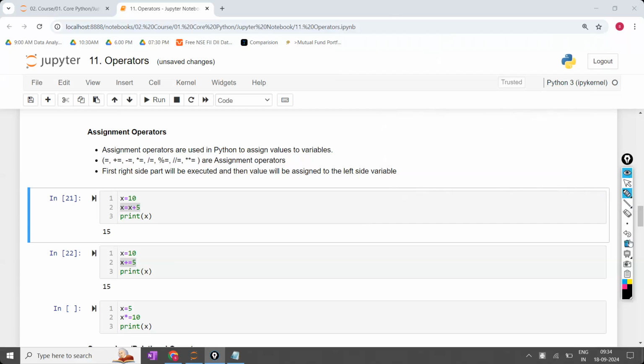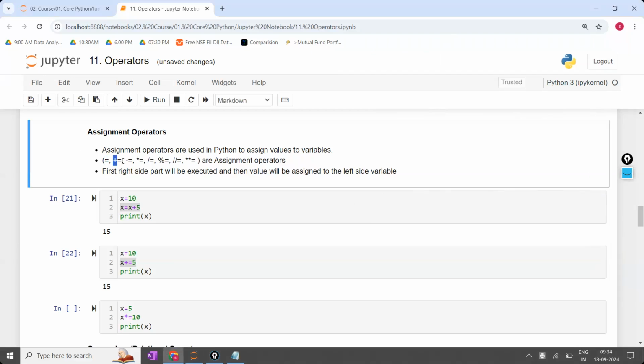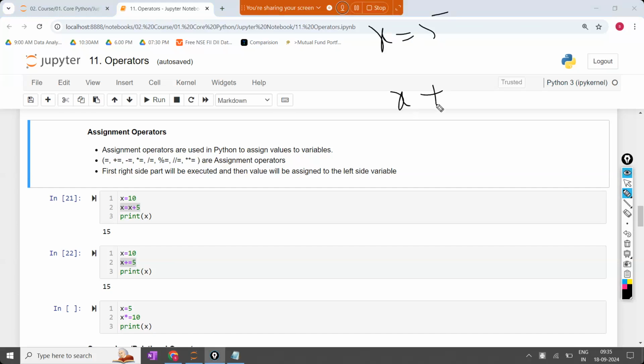So here basically you are having only one symbol called equal to, along with that plus equal to, minus equal to, multiplication equal to, division equal to, floor division, modulo and power. Where basically the assignment operator will assign that. So if you write x is equal to 5, and x plus is equal to 5, what happens means first it will perform the operation.